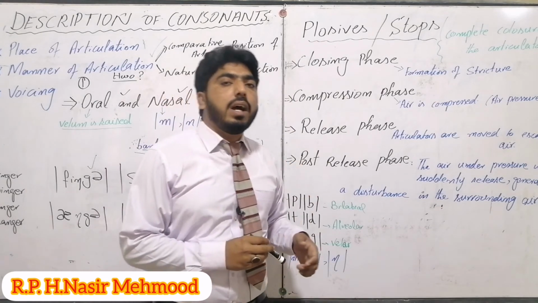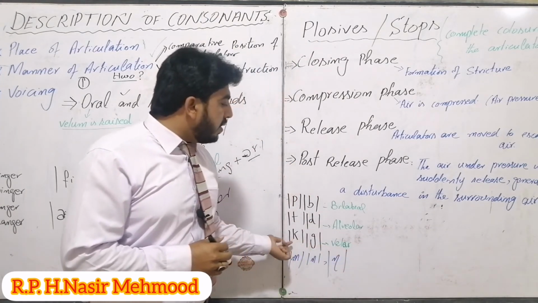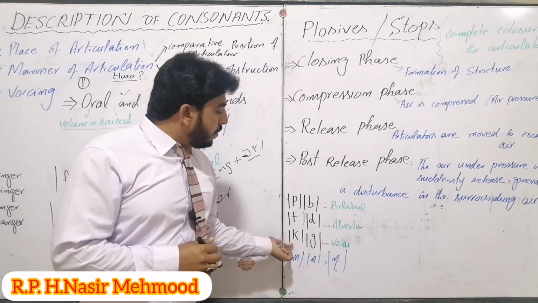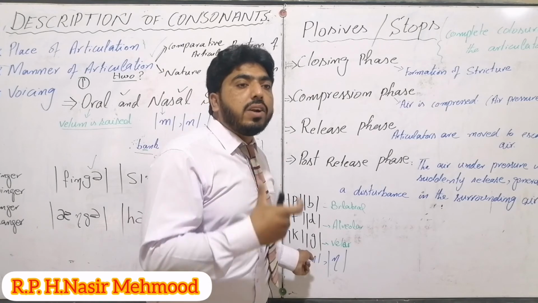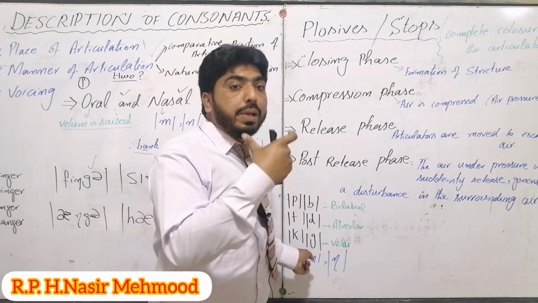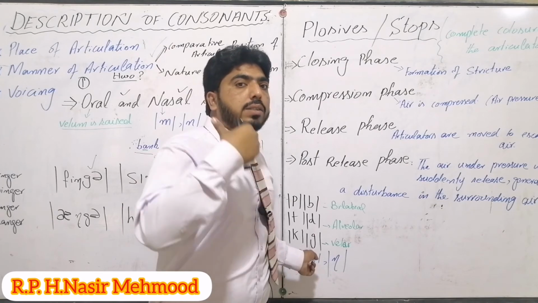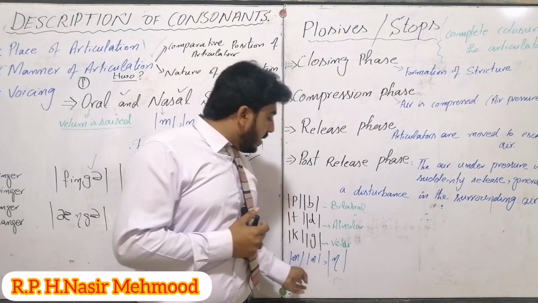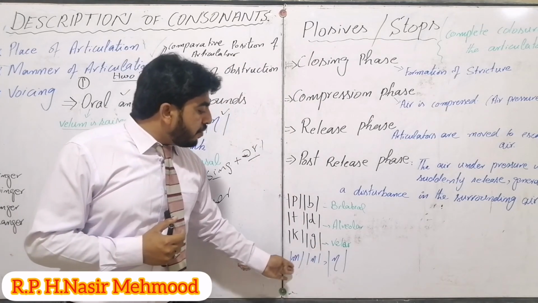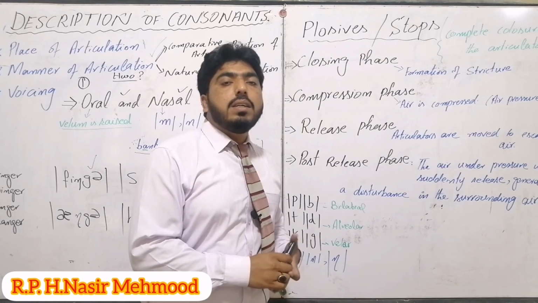The back of the tongue touches the soft palate to produce these sounds, and this is the nature of obstruction. Complete closure is made by touching the back of the tongue to the soft palate, velar. And the last ones are the nasal stops.